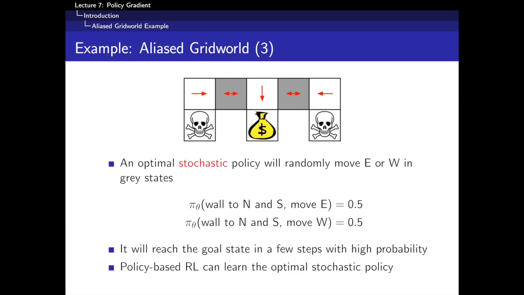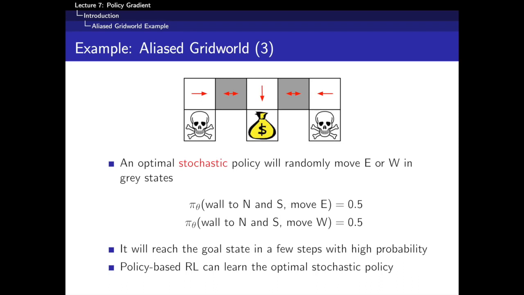So the summary of these couple of slides is to say that whenever state aliasing occurs, a stochastic policy can do better than a deterministic policy. So we had a theorem early on in the course which was that there's always a deterministic optimal policy for any MDP. But that was in the table lookup case, where we have the perfect state representation.